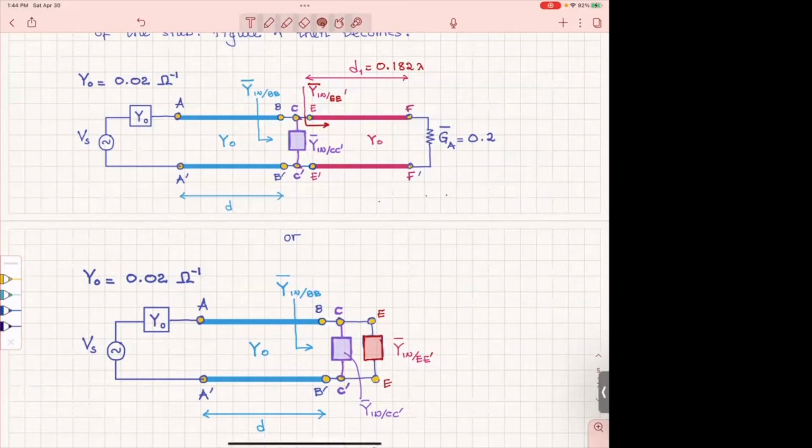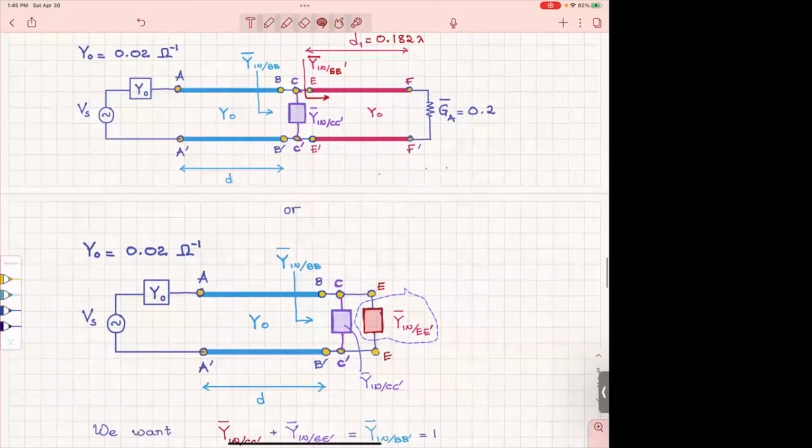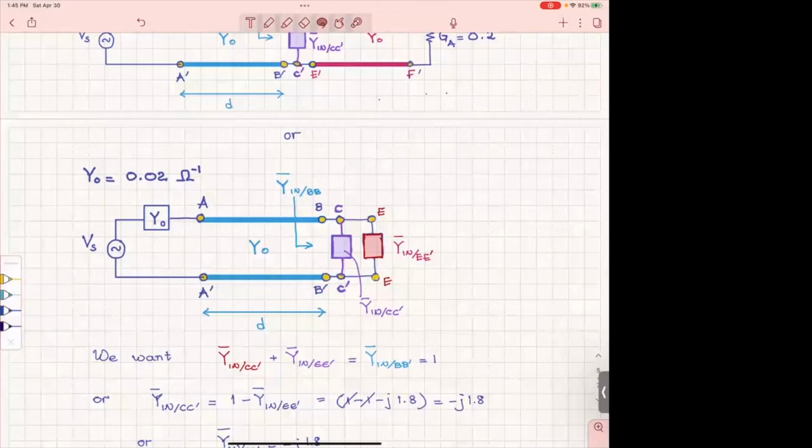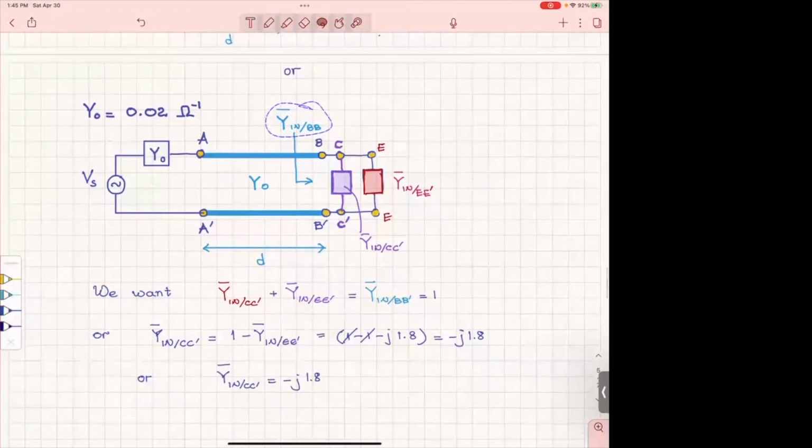At E prime, instead of the transmission line, you're going to have an equivalent input admittance. At that point, we have to place a stub so that the input admittance we see from here has to be equal to 1, because that's what matches at this point. It creates a perfect match to your transmission line, all right?